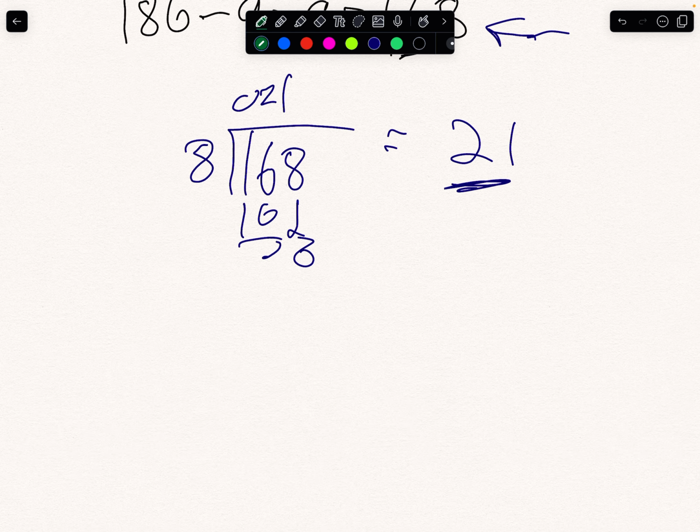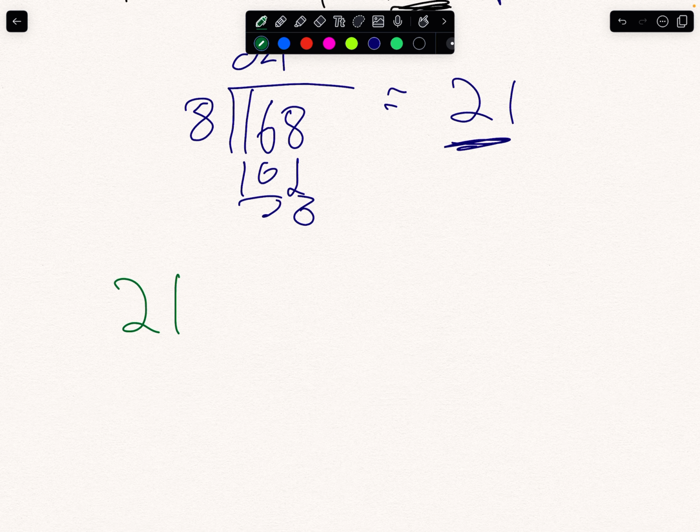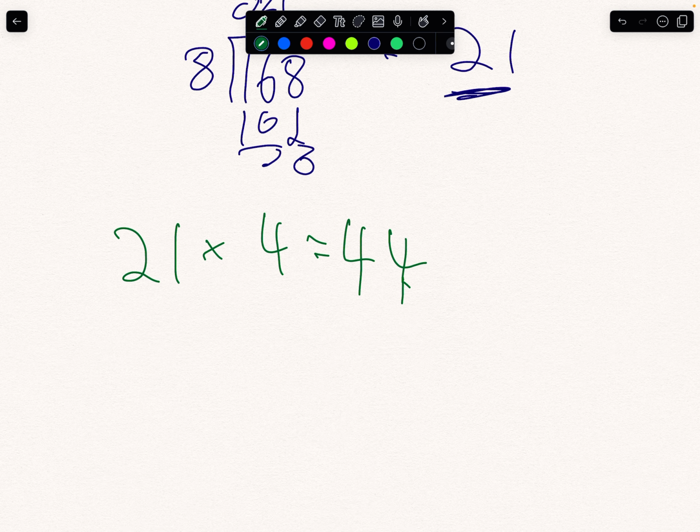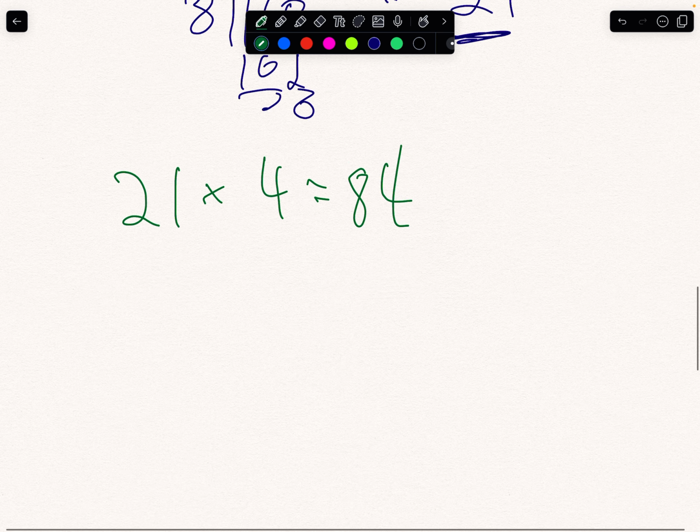Now we're coming to the end here. If there are 21 middle shapes and each of them has an area of 4, that's going to give us an area of, sorry, 84.